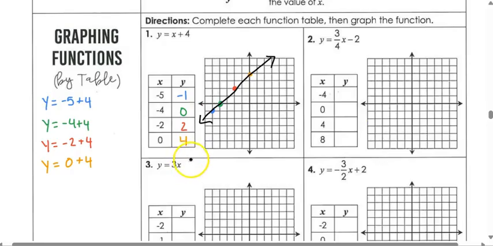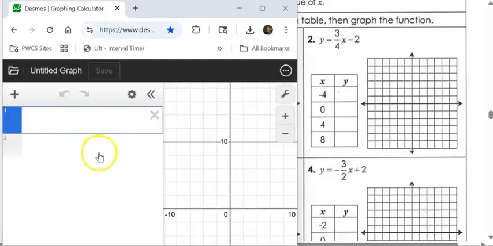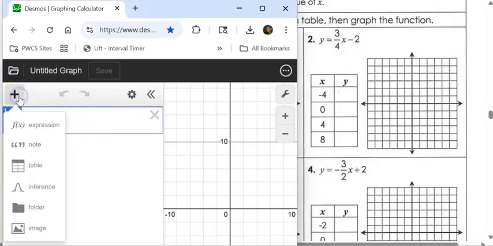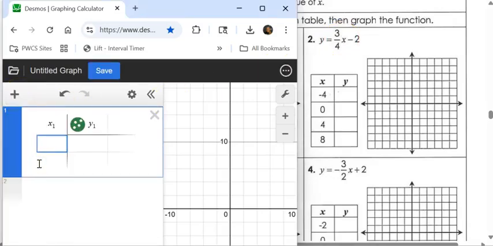And then the cool part is, because it's 2025, we can also use Desmos to help us create these tables. So here I have my Desmos window, and we're going to use it to do number 2. I'm going to click this plus sign and add a table. Notice Desmos says x1 and y1. Now I have to give Desmos the rule.